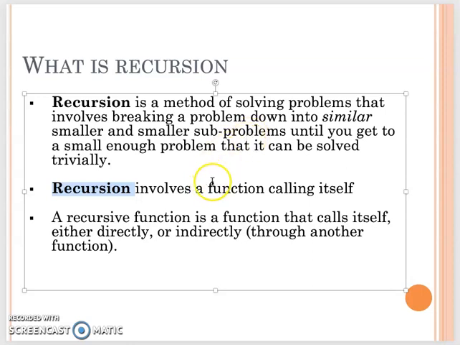Then we find out this problem, since it can be reduced into a similar problem, that means if I write a function for n equal to 100, I can divide n into half, and then this problem is similar. So until we reach n equal to 1 or 0, we can right away return the value. So that is the recursion function. A recursive function actually is a function that calls itself, either directly or indirectly. Of course, most of the time we see that as directly.